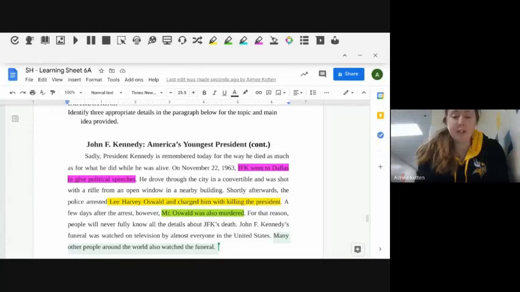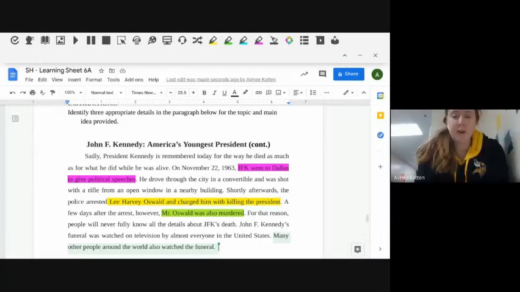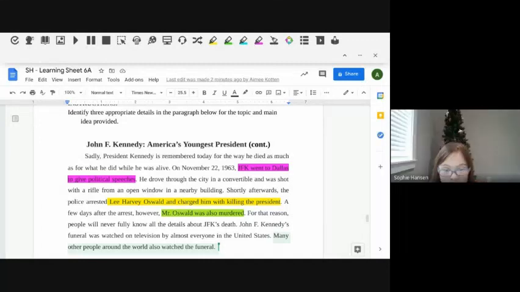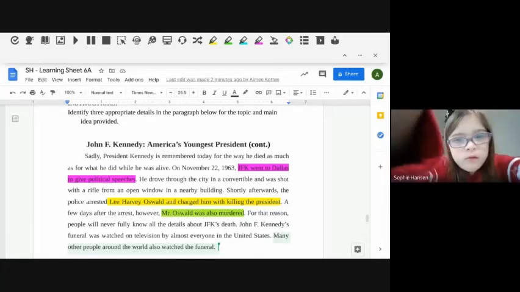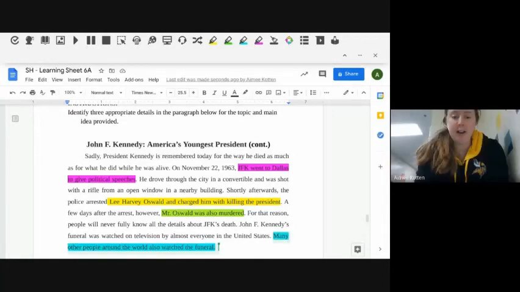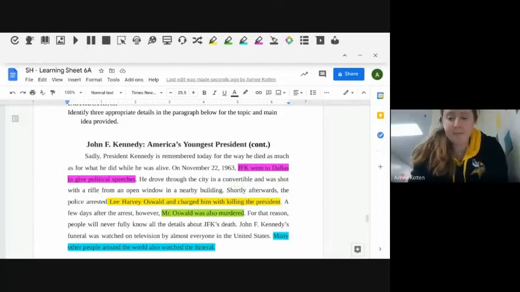So they watched his funeral. And that makes him remembered for his death, right? Yeah. So what color should we highlight it in? How about our last color left? Blue. All right. So we're going to put people watched his funeral.